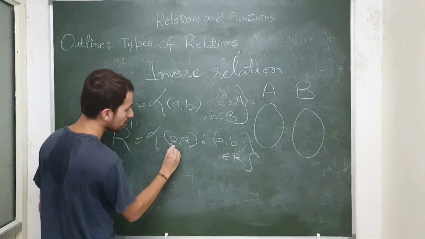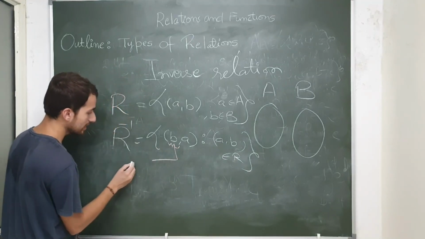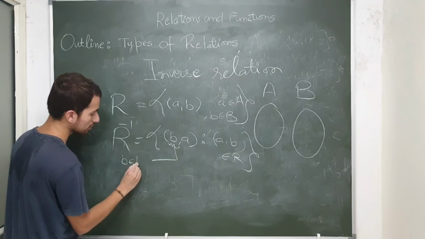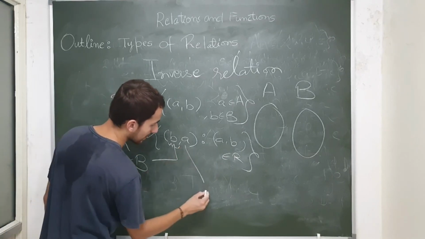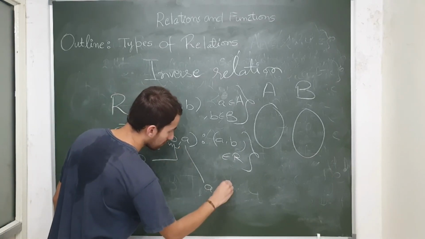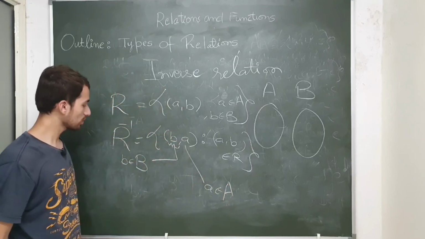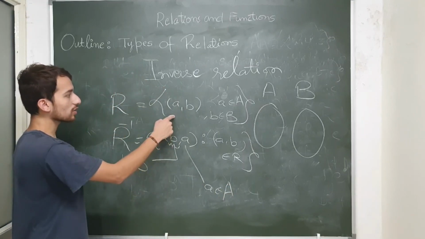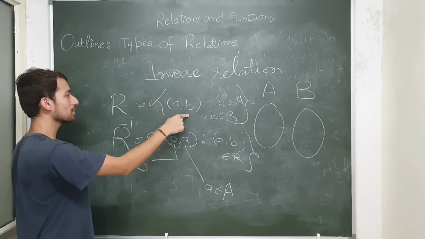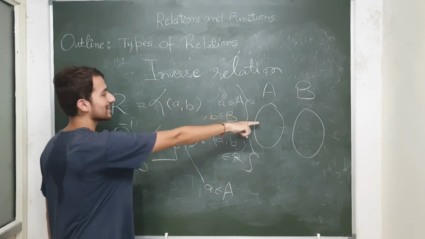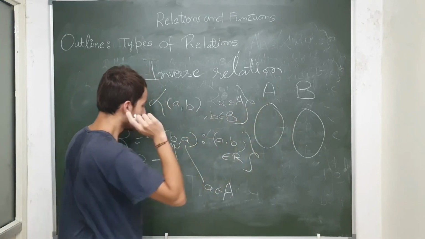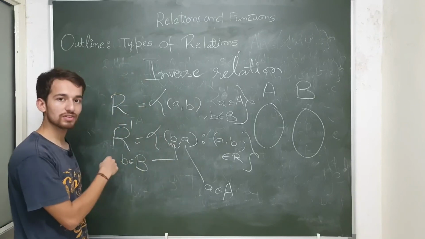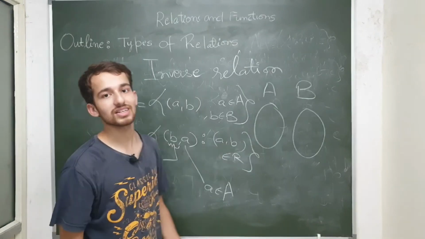Observe, because these b's belong to set B, and this a was from set A. We call a relation R from set A to set B because the first element a was from set A and the second element was from set B. Now the roles have changed, so that's why we call it the inverse of the original relation.